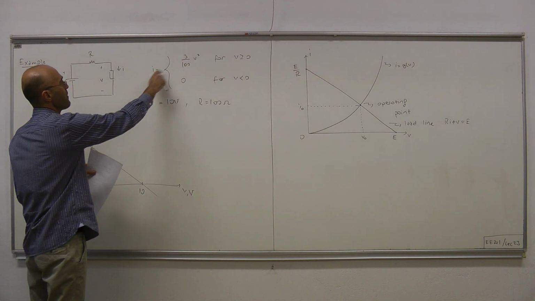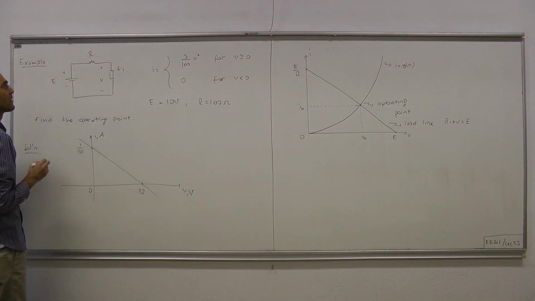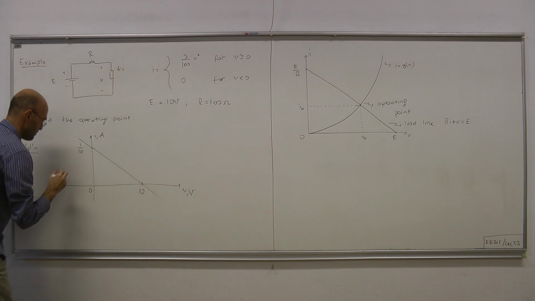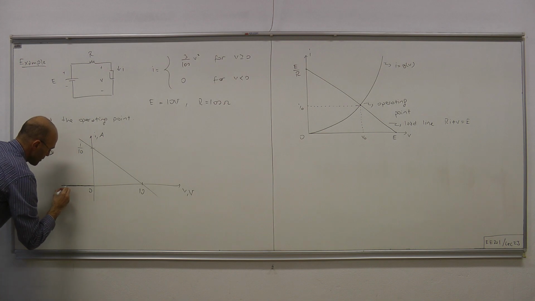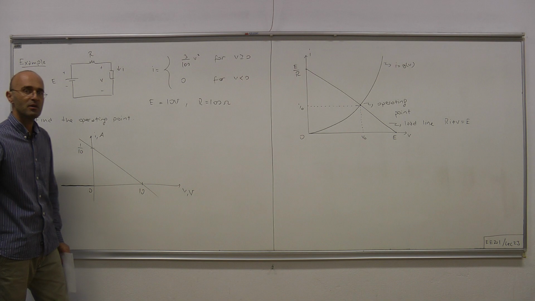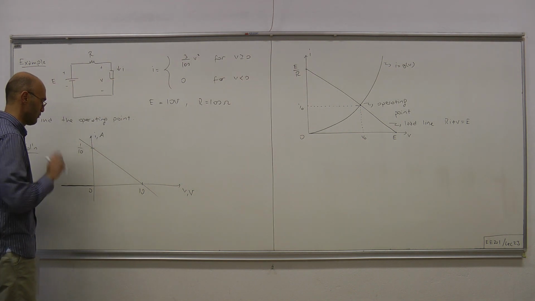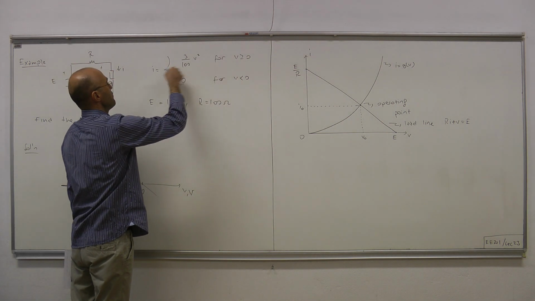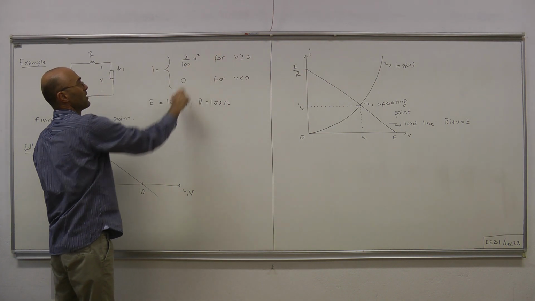And then, how about the IV curve? When V is negative, the component behaves like an open circuit and the current is zero. So all these voltages for which the current is zero are possible operating points, disregarding the load line for now. When the voltage becomes positive, the current is no longer zero and starts to increase in this quadratic fashion.